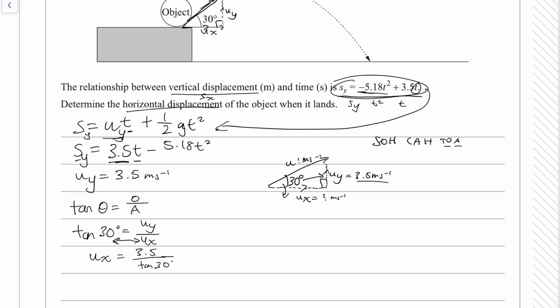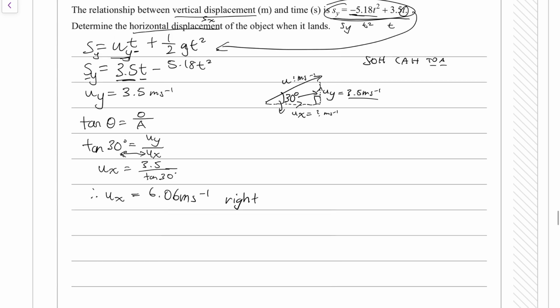My ux is therefore 6.06 meters per second, and it's to the right, because remember, velocity always has magnitude and direction.